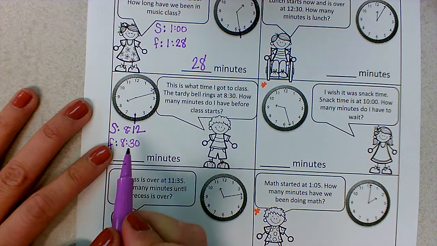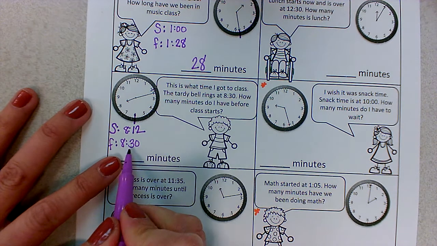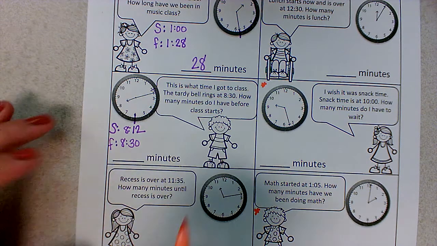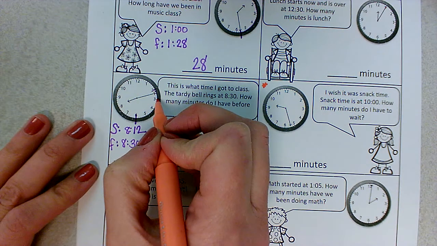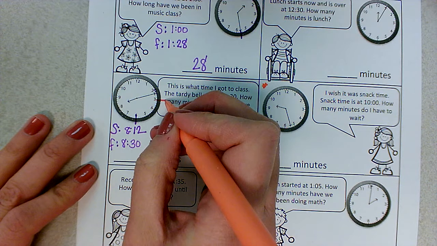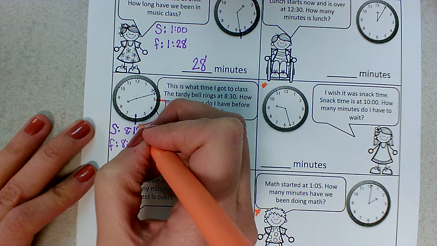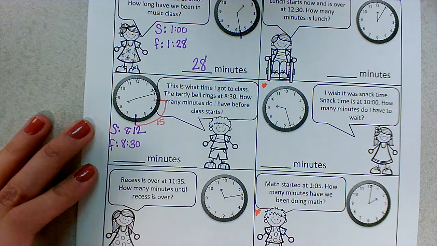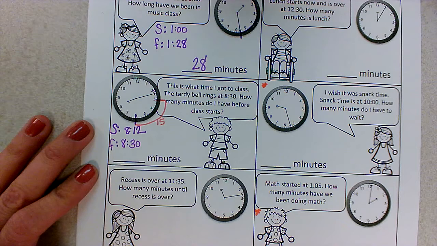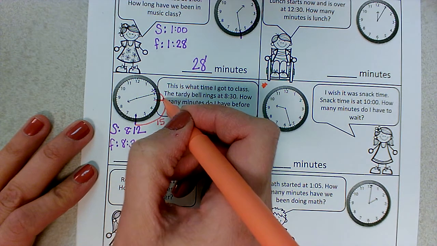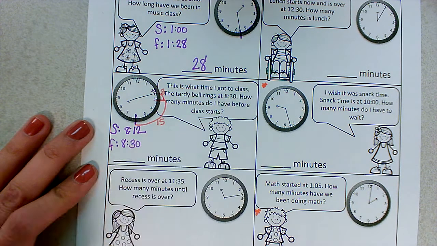Now this time, I don't have my starting at 0 to get to 28 like that time. So what I'm going to do, fourth graders, is I'm going to come back and look at my clock, and I'm going to think of it on a number line as well. So I know that at the 3 it represents 15. And so from the 3 to the 6, so from 15 to 30, that's 15 minutes. But before that I was at 12, and from 12 to 15 is 3.